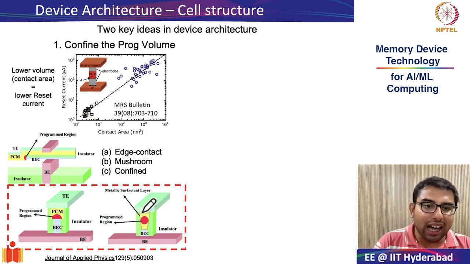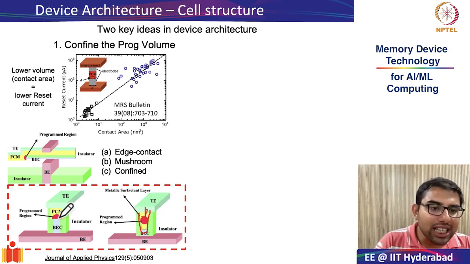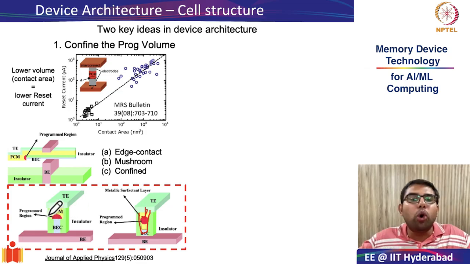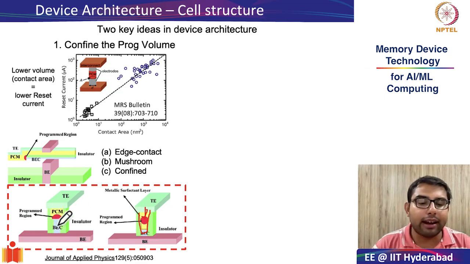In the confined cell architecture, you dig a small hole and fill it with PC RAM material, whereas here the PC RAM material is more exposed to the bottom electrode contact.